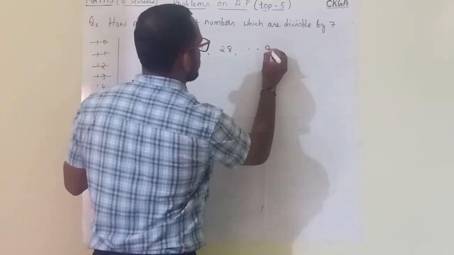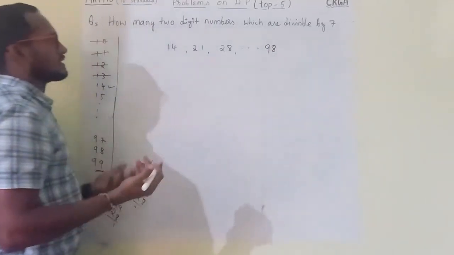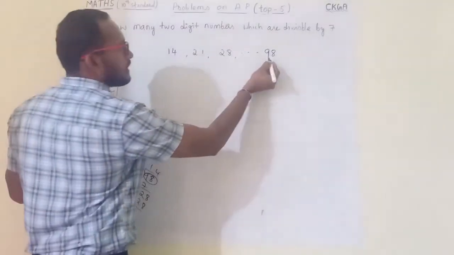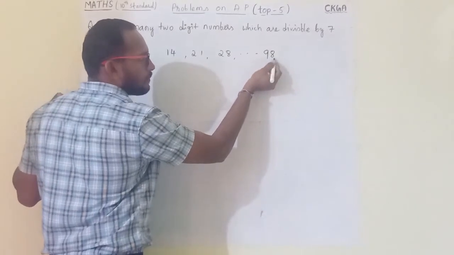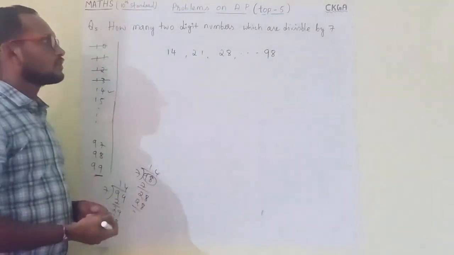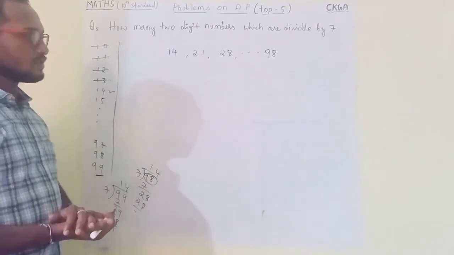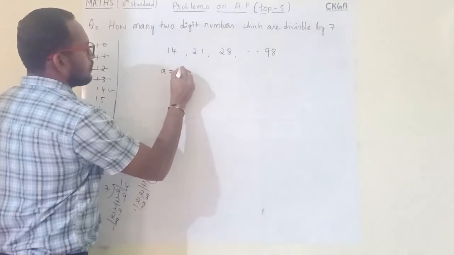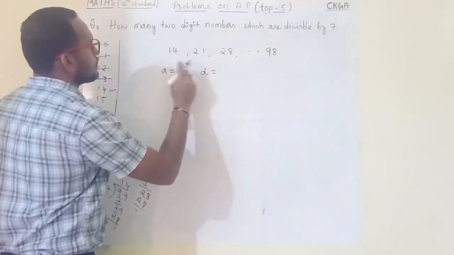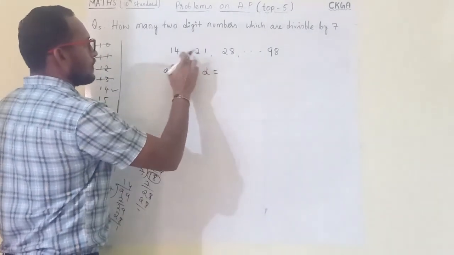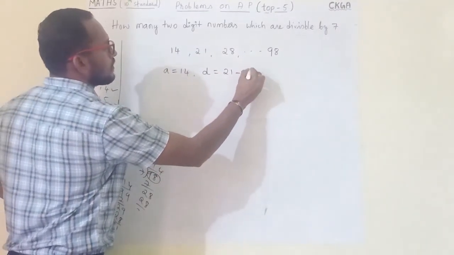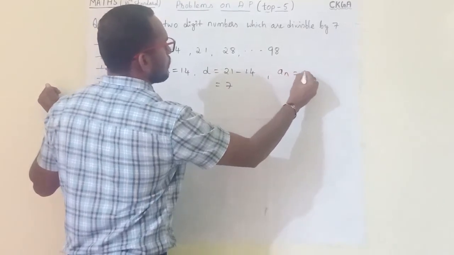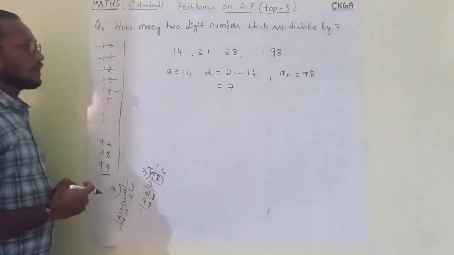So 98. Now collect the same data. How many two-digit numbers do I need to find? 98 is the last term. If you find the position of 98, you will get the total number of two-digit numbers. So A is equal to 14 and the common difference is 21 minus 14, that is 7, and the last term is 98.